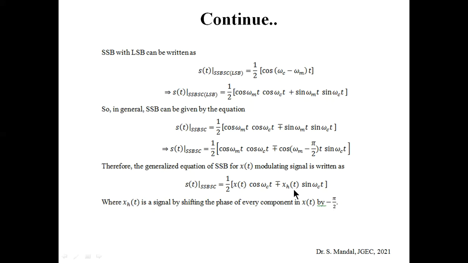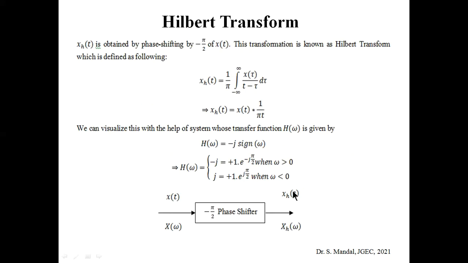That is represented by xh(t), and we get xh(t) by using the Hilbert transform. So xh(t) can be obtained by phase shifting x(t) by minus π/2, and this process is nothing but the Hilbert transform.